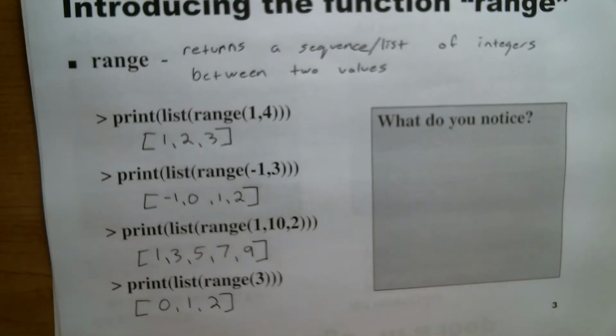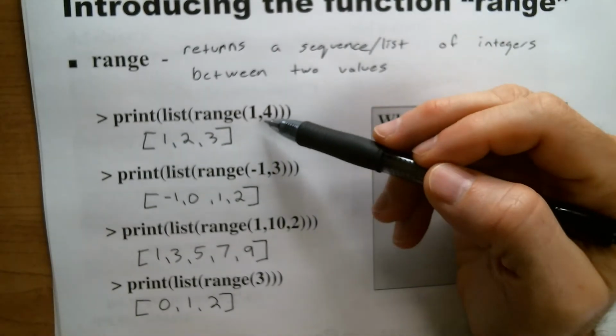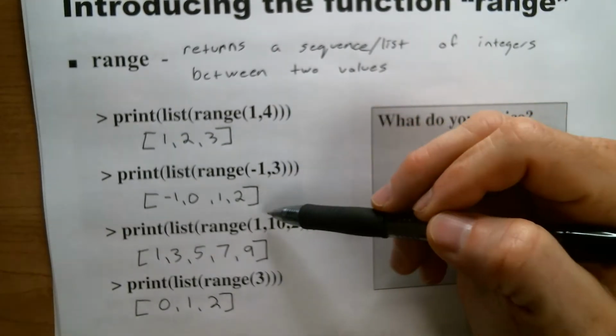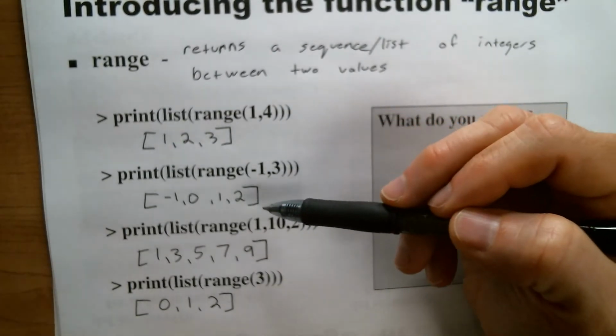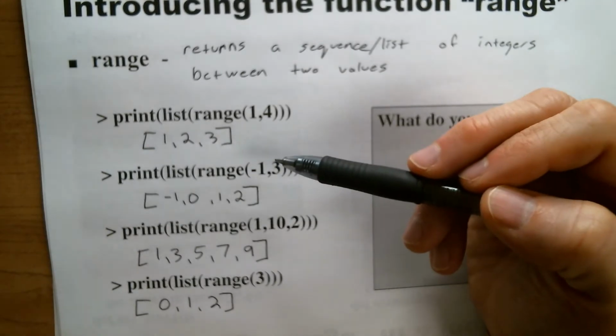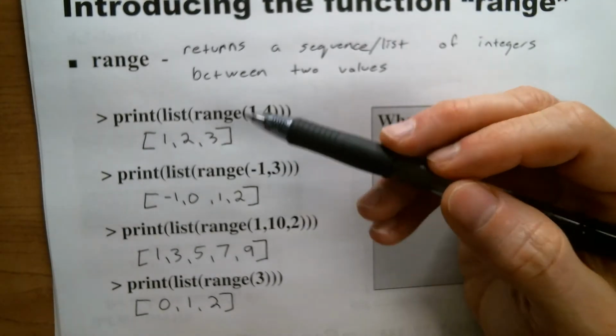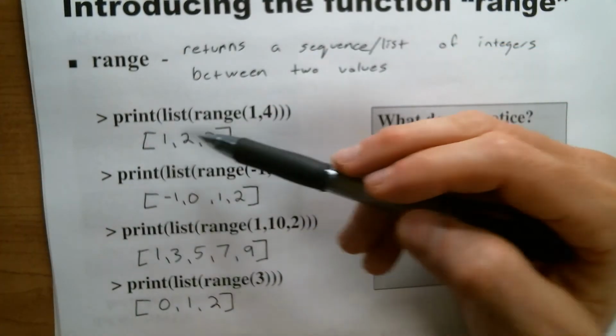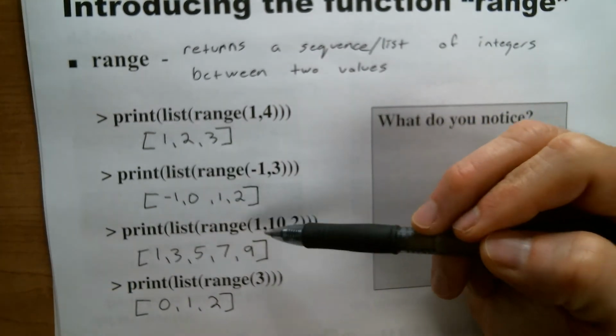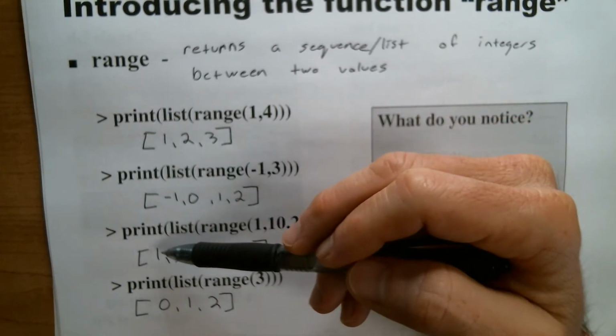Based on that output, let's try to figure out what's happening here. It seems pretty clear that the first number we put in is where our sequence of numbers is going to start off. So this one started off at 1, this one started off at -1, this one started off at 1.